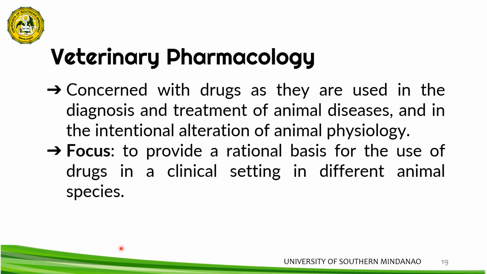So we don't just prescribe a particular drug, but we first need to properly diagnose a particular disease before we prescribe a particular treatment regime or medication to that particular animal.